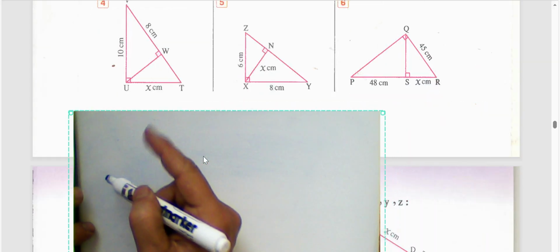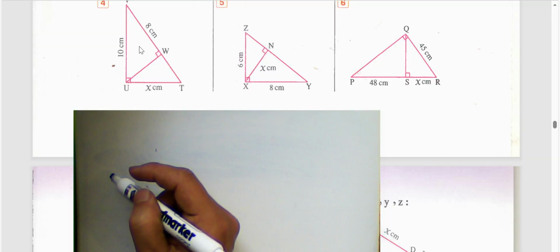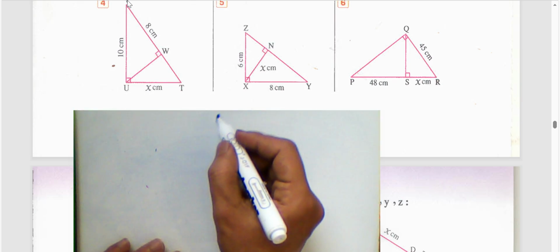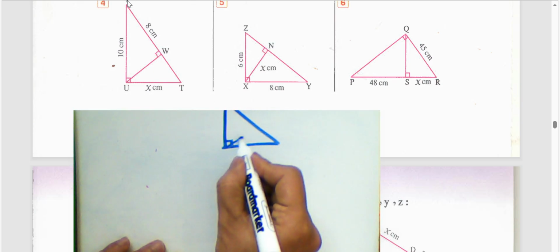Now we can find the length of x. How? We have here a 10 segment and here 8. We can find it from Pythagoras theorem, it will be 6 centimeters. And you can write x power 2 equals the projection times this side length. First step, I will find the length here. We have a right angle triangle and this is perpendicular.